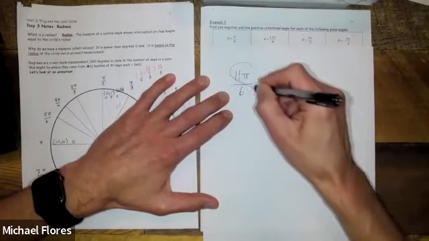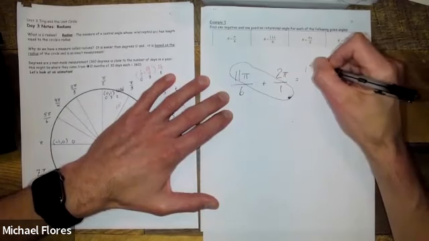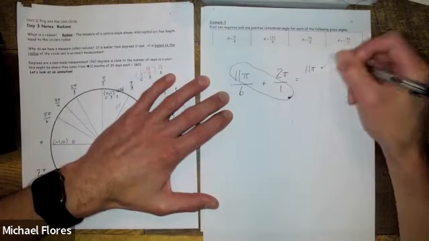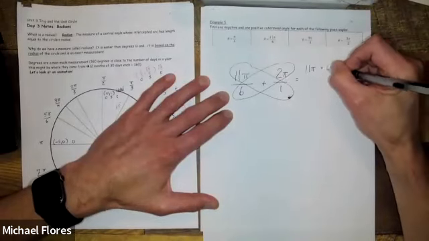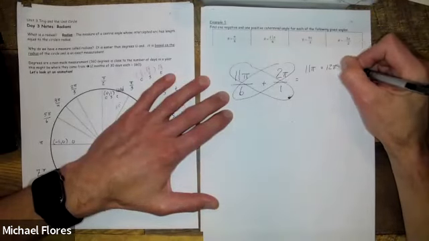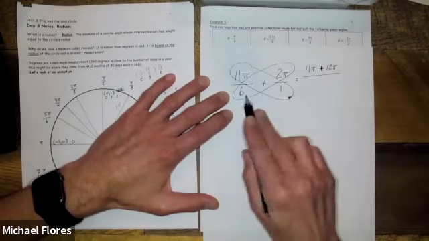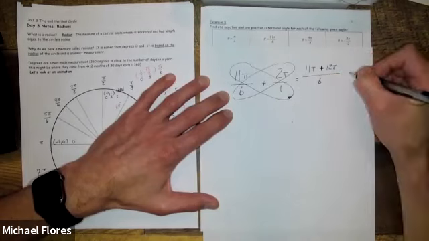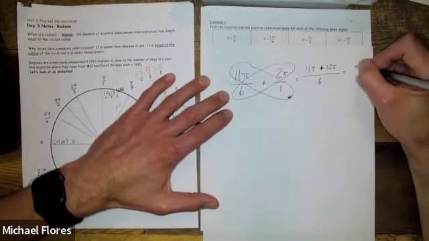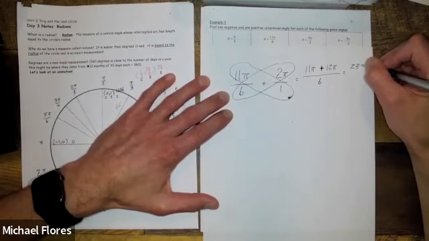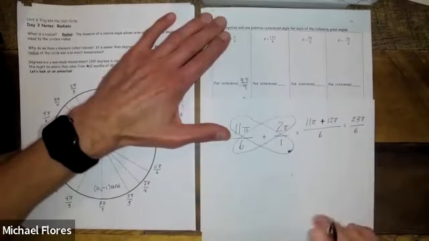Cross multiply. 11 pi times 1, plus 6 times 2 pi, all over 6 times 1. Simplify the numerator. 11 plus 12 pi is 23 pi. There's our positive coterminal angle.